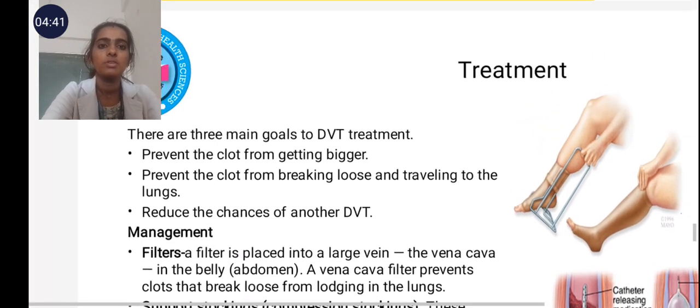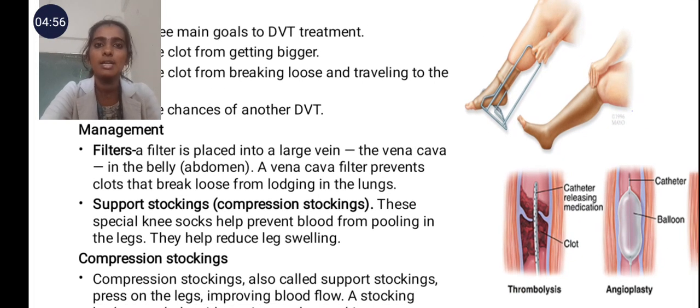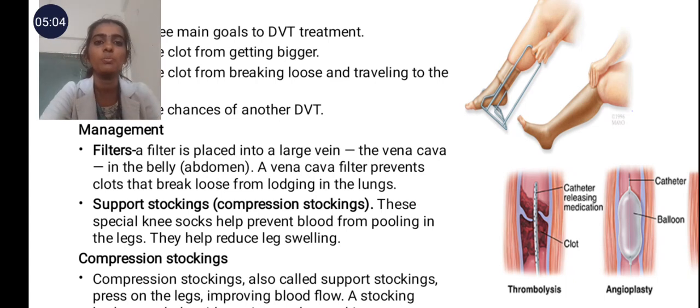And then we move to the treatment goals of deep vein thrombosis: prevent the clot from getting bigger, prevent the clot from breaking loose and traveling into the lungs, and reduce the chances of another DVT. In management, filters are placed into the large vein, the vena cava, in the belly. The vena cava filter prevents the clot from breaking loose and lodging in the lungs.